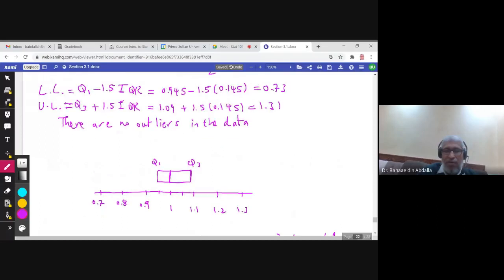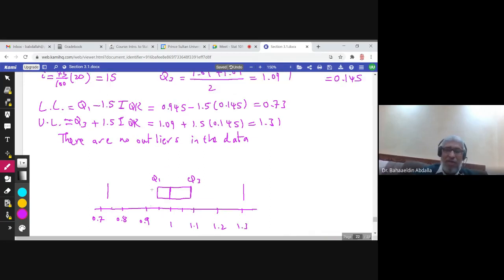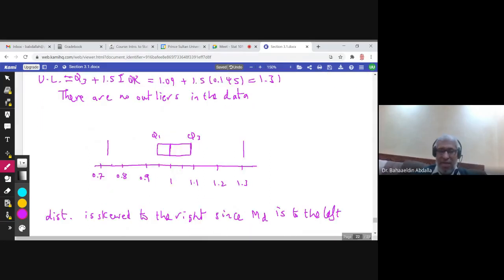Okay, now put the lower limit and the upper limit. This is 0.7, this is 0.75, so 0.73 is here. So this is the lower limit. The upper limit 1.31 is here. Now, if there are outliers, they should be to the right of 1.3 and to the left of 0.73. But as we have seen in the data, the smallest number is 0.86. So this is 0.85, this is 0.86.